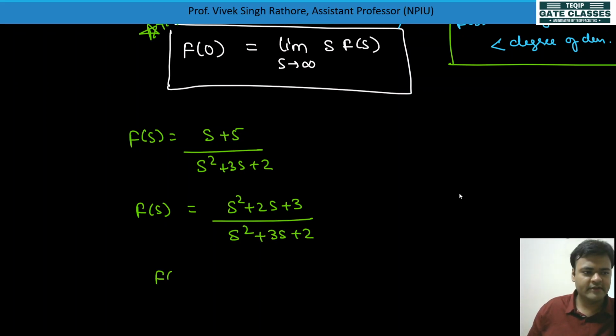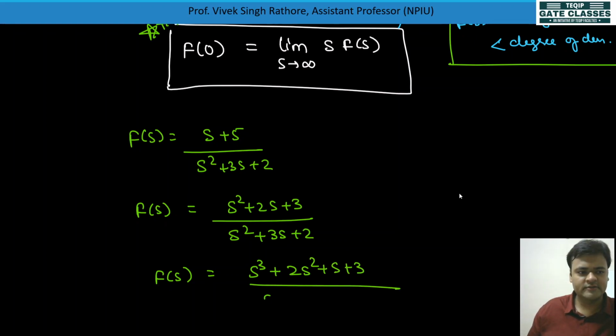And another F of s is (s cube plus 2s square plus s plus 3) by (s square plus 3s plus 2). Now you can understand, I have given you three expressions.